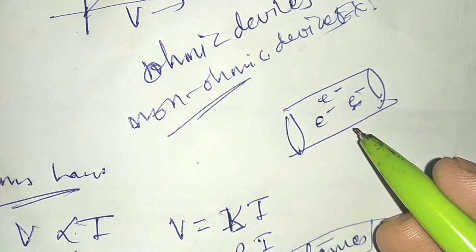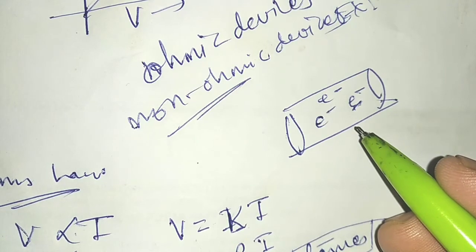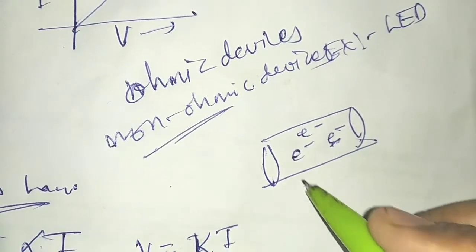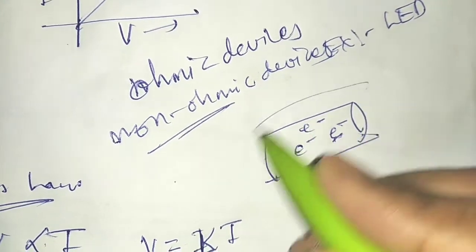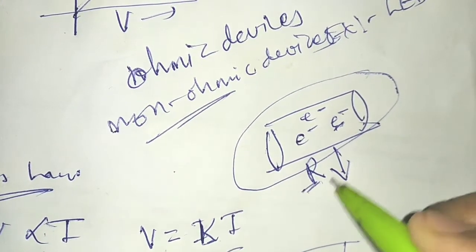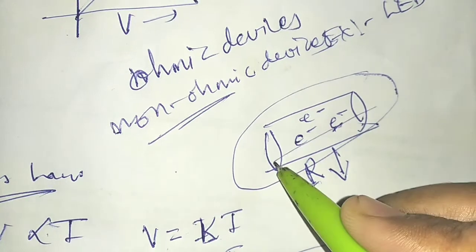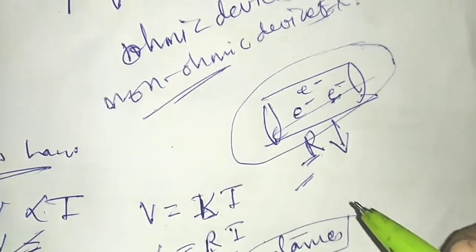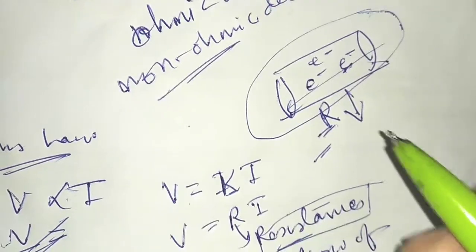That means it will obviously waste energy, right? So our resistance should always be less in a conductor or any device, so that energy is not wasted and current keeps flowing. Every device will have resistance, but it should always be less.